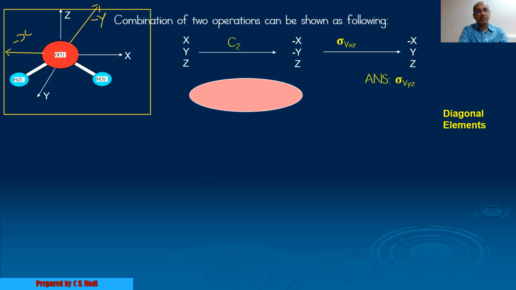Now after C2, x becomes minus x, y becomes minus y, and z is equal to z. Now followed by the second operation, sigma v xz, while putting the plane, minus x and z remain as they are, however minus y again gets back to plus y. So here you can see that minus x remains minus x, minus y now becomes plus y, and z is equal to z. So this is called sigma v yz.